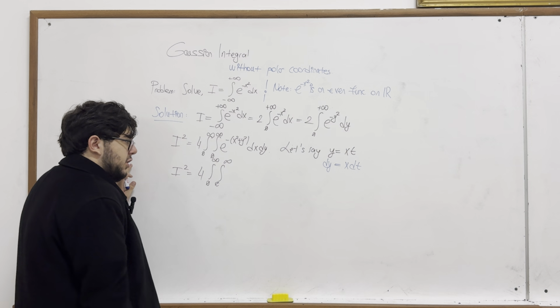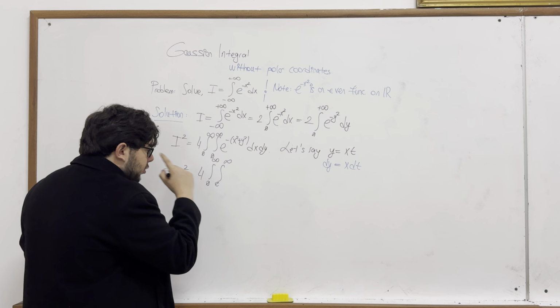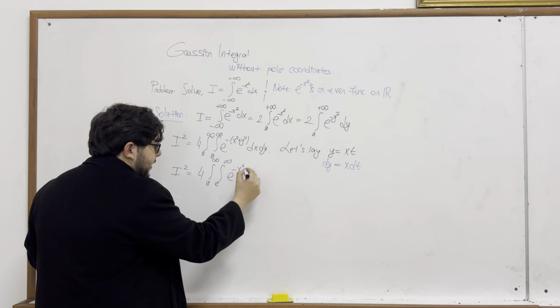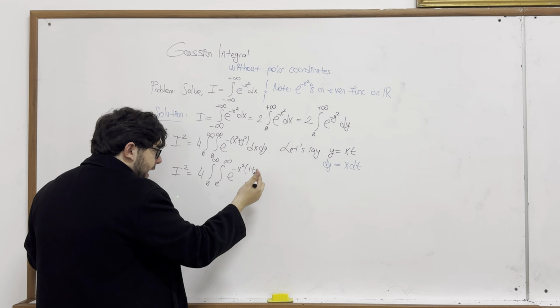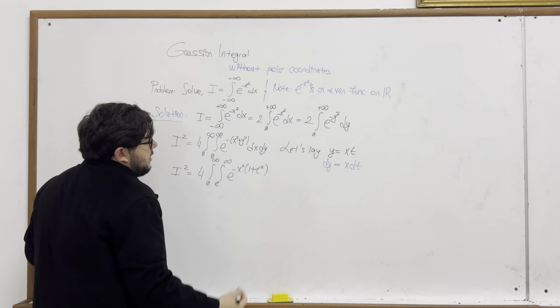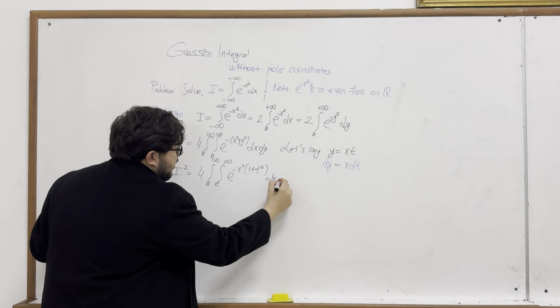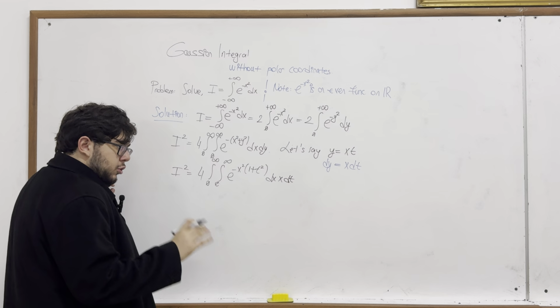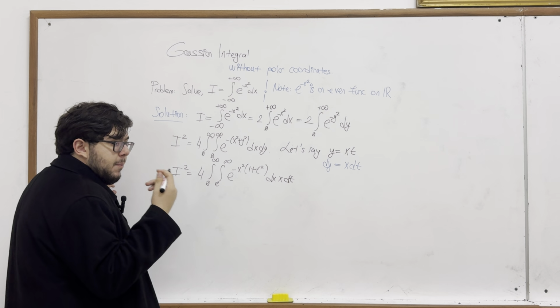So the boundaries haven't changed, but the e to the power of has changed, which is e to the power of minus x squared times (1 plus t squared), dx times x dt. Okay, that looks better, but we have a problem.